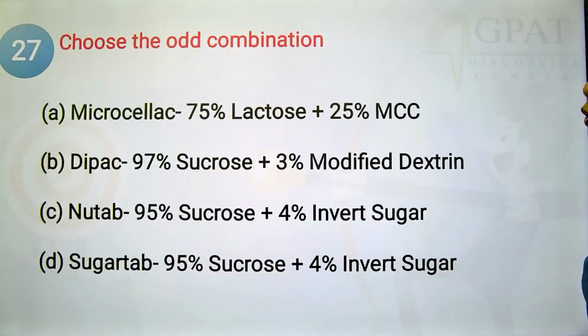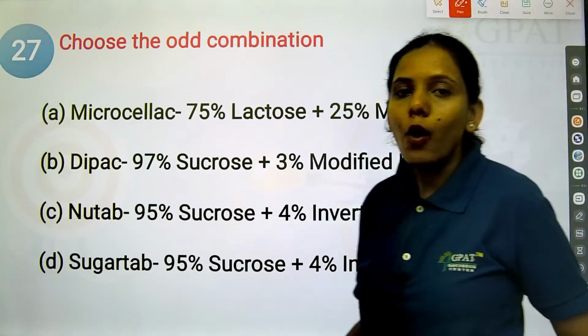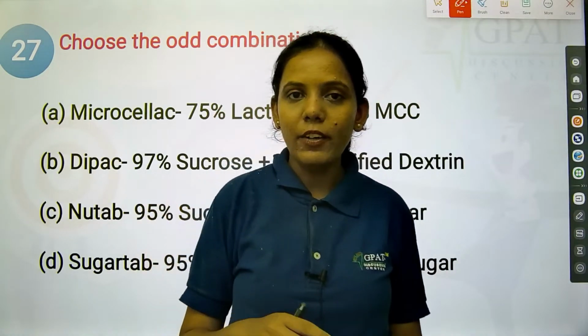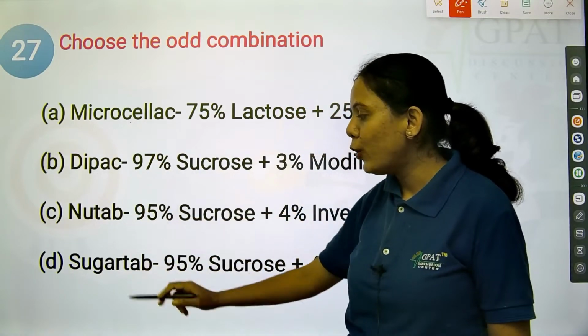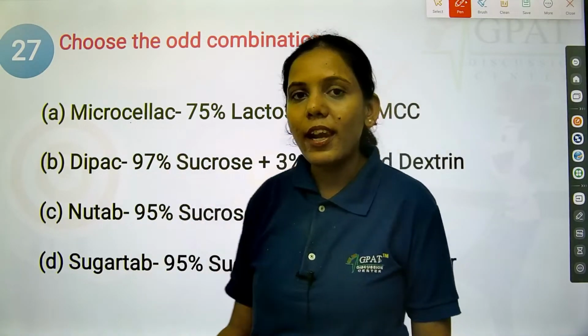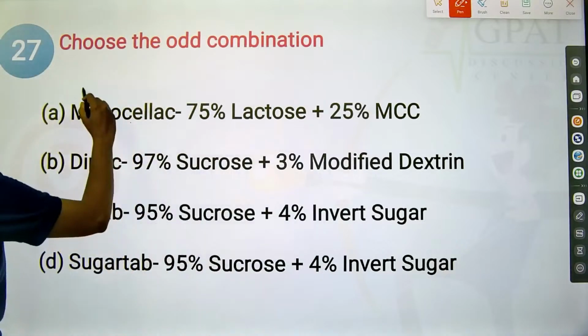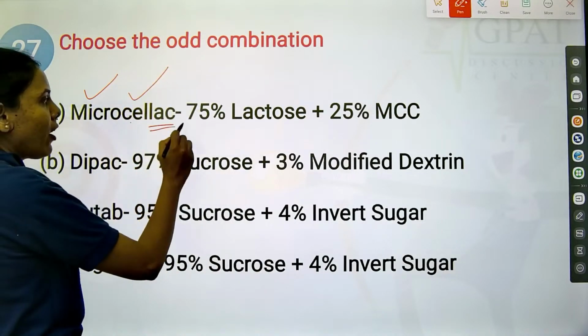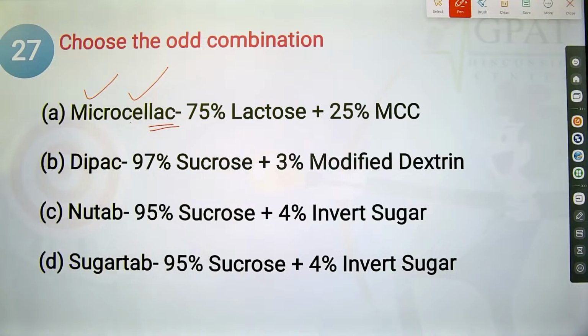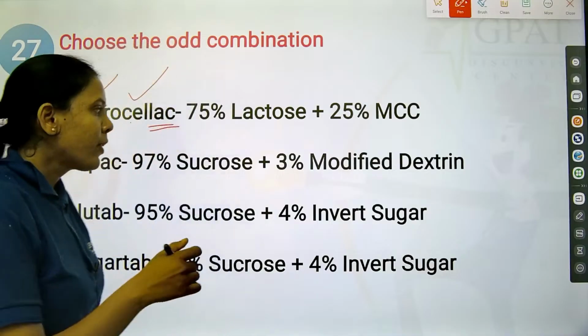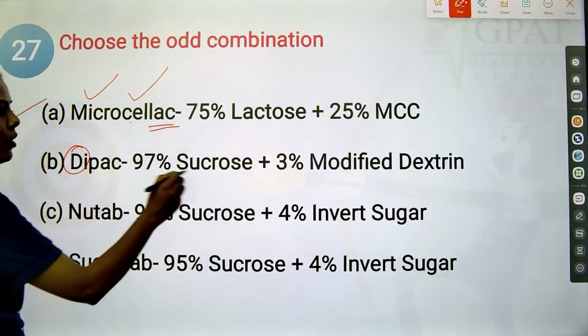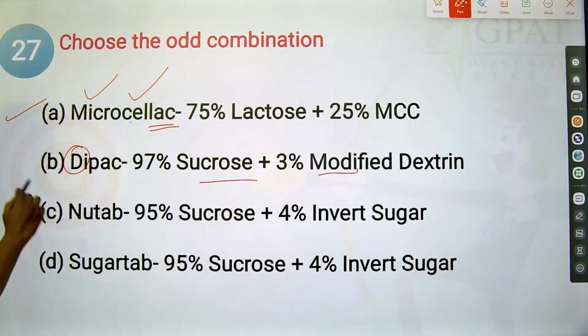The next is, choose the odd combination. Here, co-process means the excipient which contains more than one excipient. Microcellulose, DIPAC, NewTab and SugarTab. Microcellulose, the name itself suggests microcrystalline cellulose, lac for lactose. So option A is the right answer. Option B, in the class also we have discussed, when it is DIPAC, di means 2. So 2 ingredients are sucrose and modified dextrin. So this is also right.